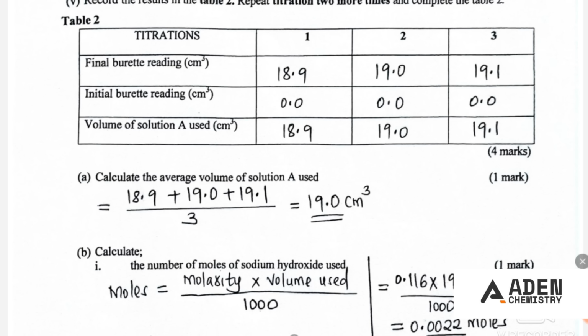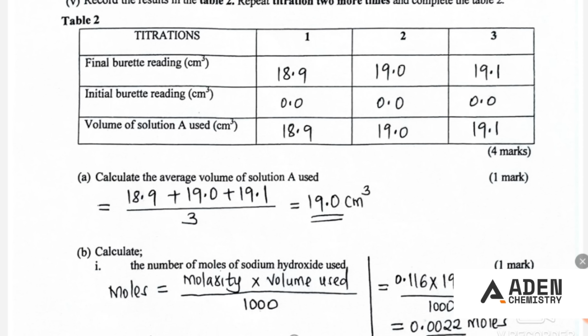So Roman A, we are told calculate the average volume of solution A used. Solution A is here. So let's check the 3 titrants, whether they are in the range of plus or minus 0.2. So this one with this, it's in a range of plus or minus 0.1. This one with this one, plus or minus 0.1.